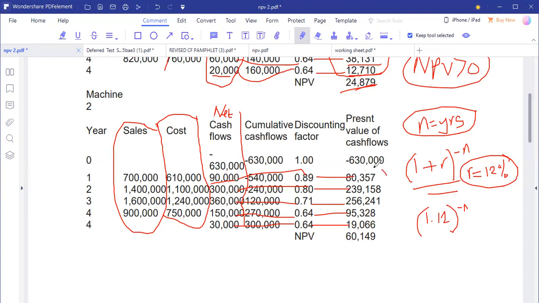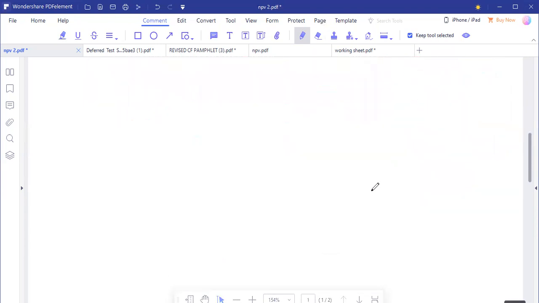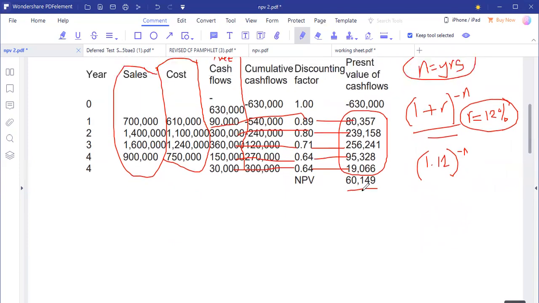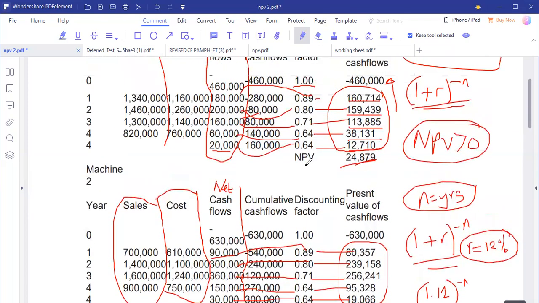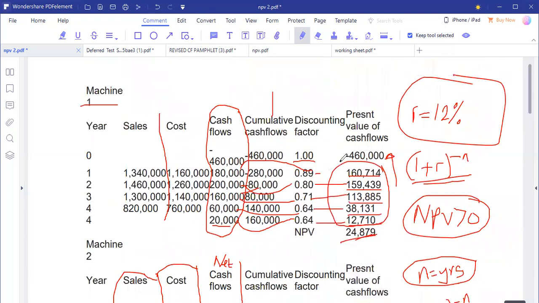So our NPV will be the sum of all these, okay? Then minus the initial investment in the project of 630,000. Then we are getting 6149. All right, so our conclusion is that we should invest in machine 2 because it has a higher NPV compared to machine number 1.